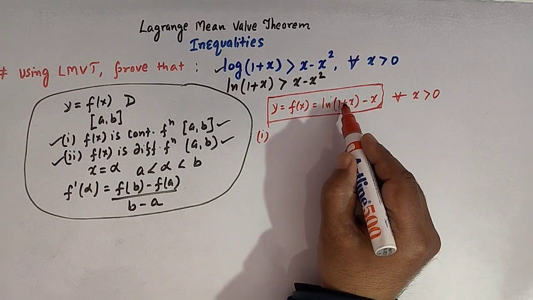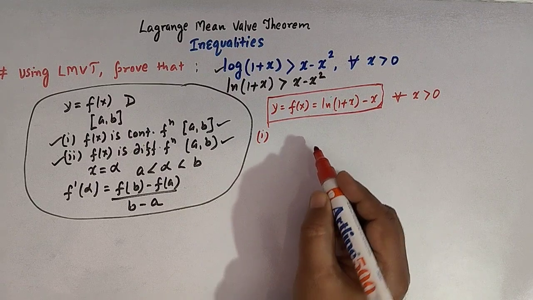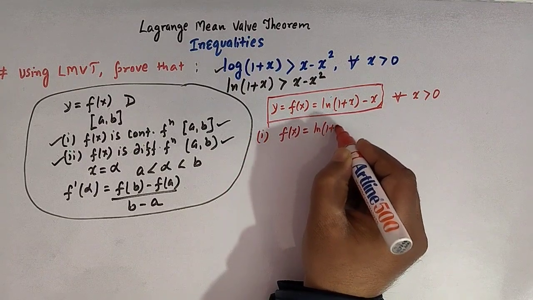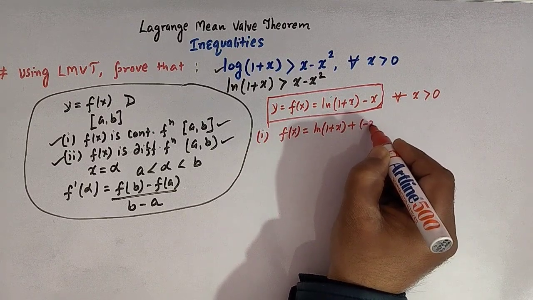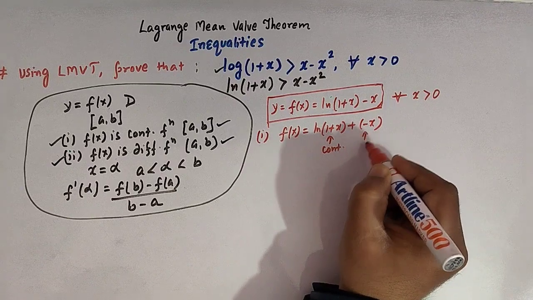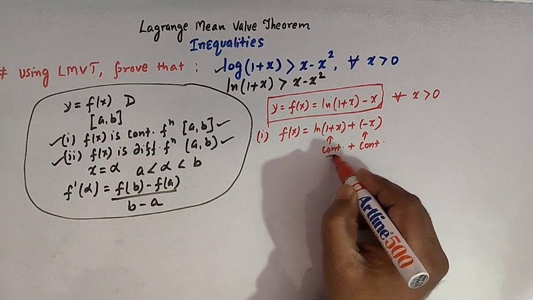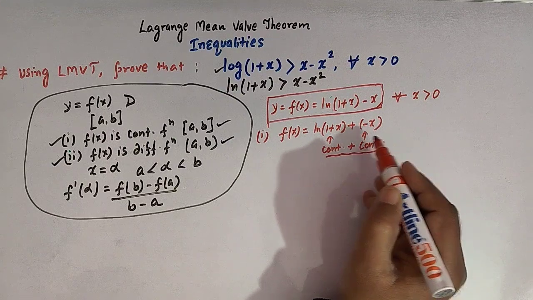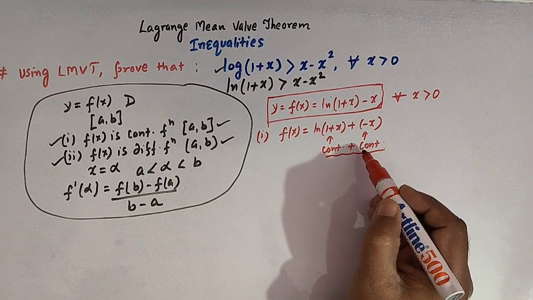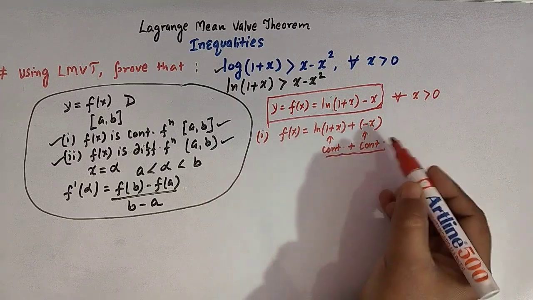The log function is continuous and the polynomial function is also continuous. We can write f of x as log of 1 plus x plus minus x. So f of x is a sum of two continuous functions, and we know that if a function is a sum of two or more continuous functions, then the function itself is continuous.